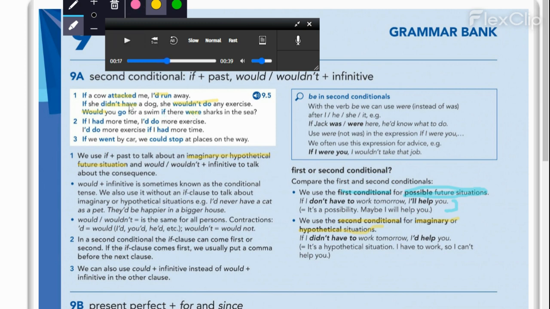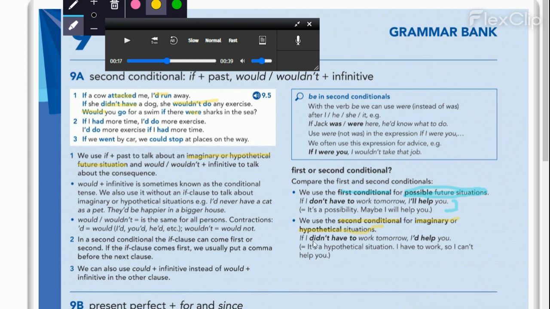Okay, there we are. So now we are going to pay attention to the structure. Do you remember that on the first conditional we used if plus present simple, and then on the other part will plus infinitive. Look at how the sentence changed now.